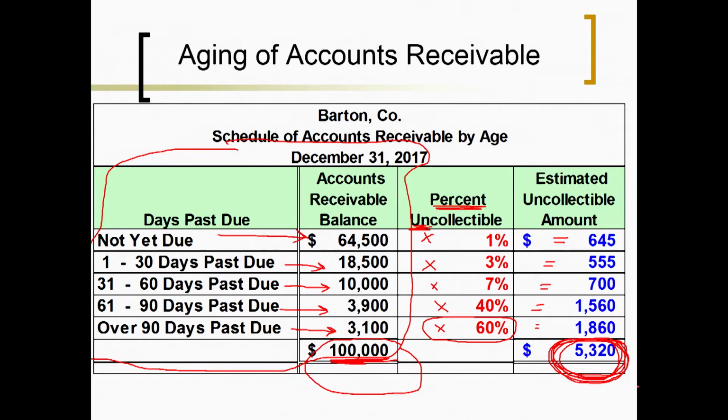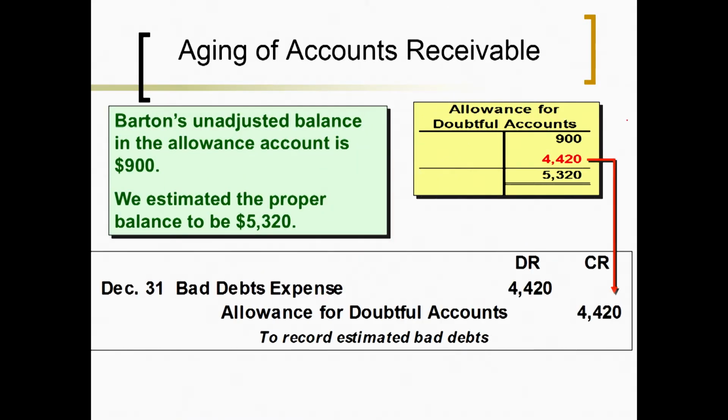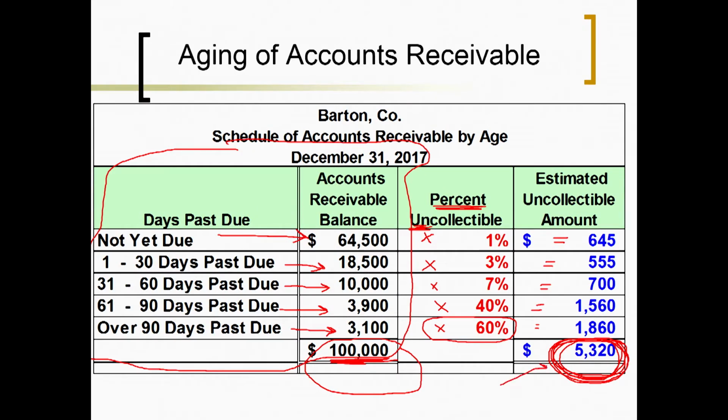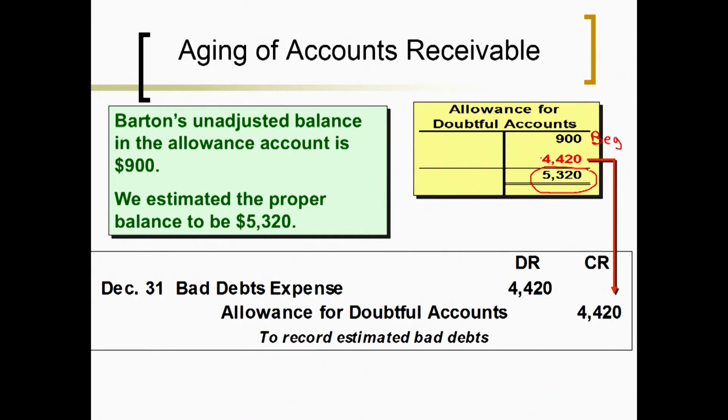Now, if you go back in these slides, you'll see that the beginning balance of allowance for doubtful accounts, which was given to us in earlier slides, was a $900 credit. Here's that 5,320 from the previous slide that we want to be the ending balance. So what do we have to do to it?